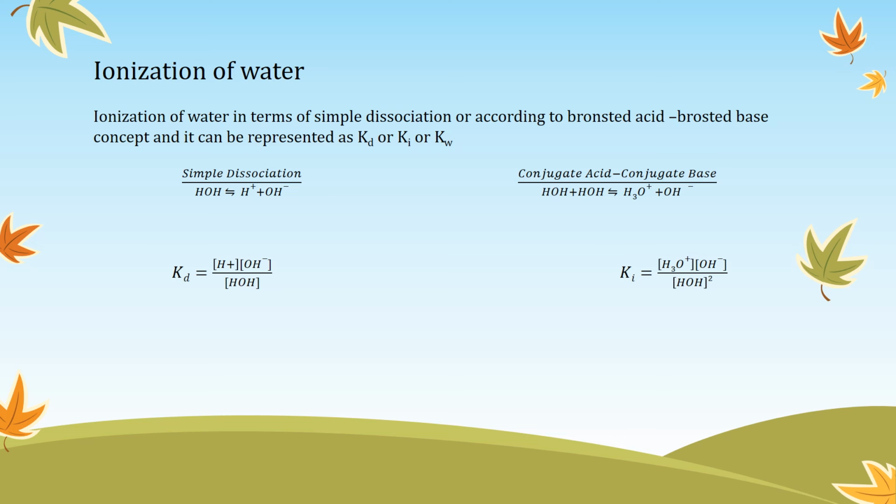And the Ki, that is the ionization constant, according to the Bronsted acid Bronsted base concept, is concentration of hydronium ion times concentration of hydroxyl ion divided by concentration of water molecule squared, because two molecules of water are taking part.